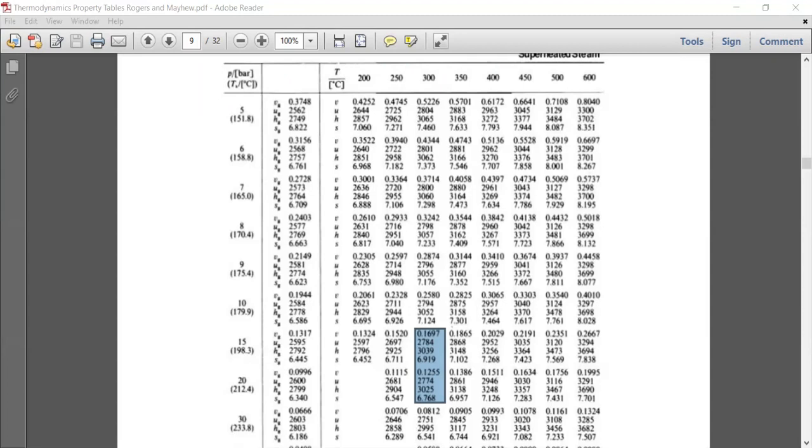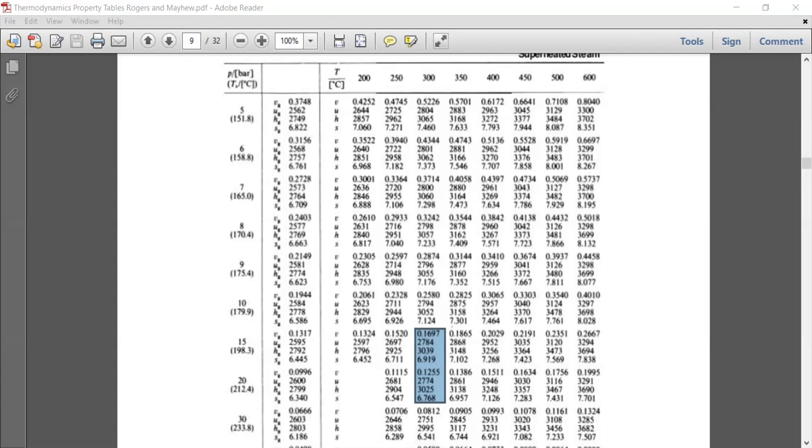Yes. For the right side you have to work on this, and for the left side you can work on this.